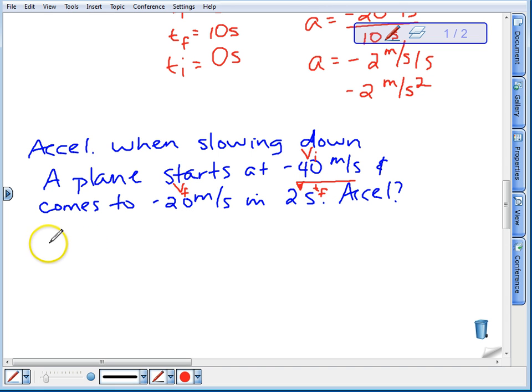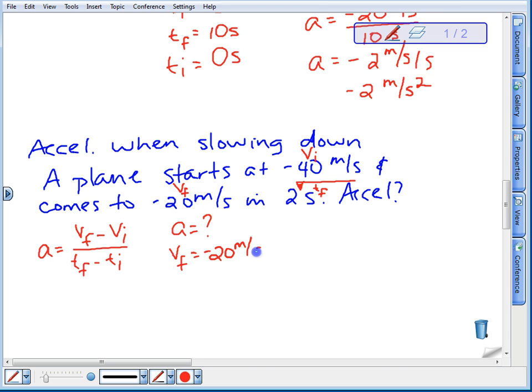To define my acceleration, I say acceleration is VF minus VI over TF minus TI. My acceleration, I don't know. But my VF, I've already said that it was negative 20 meters per second, and my VI is negative 40 meters per second.